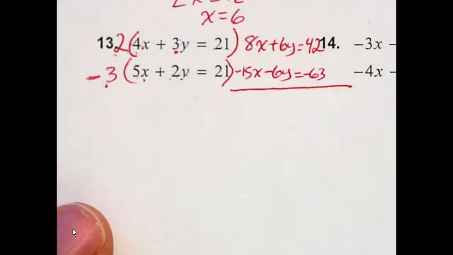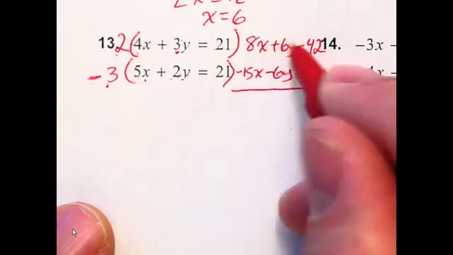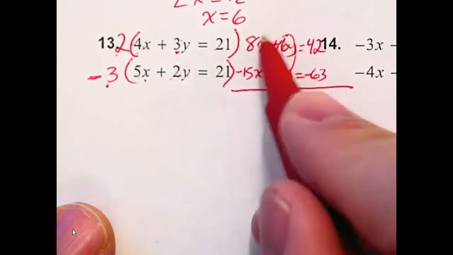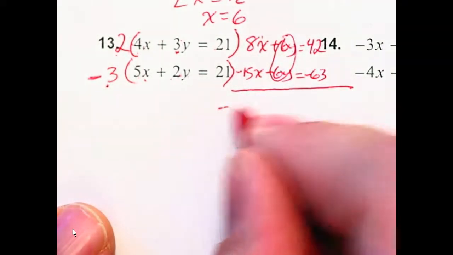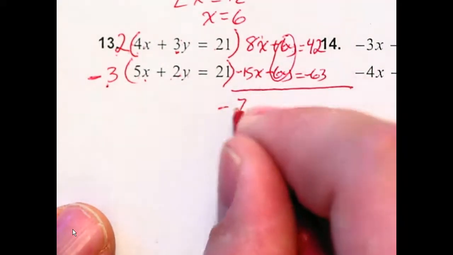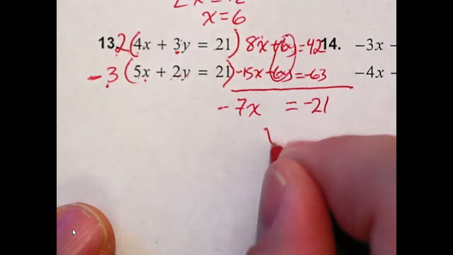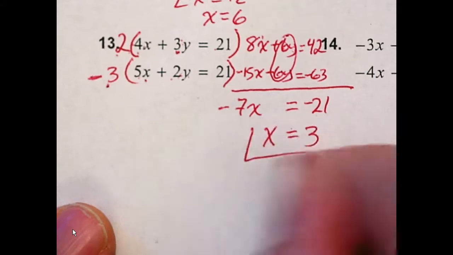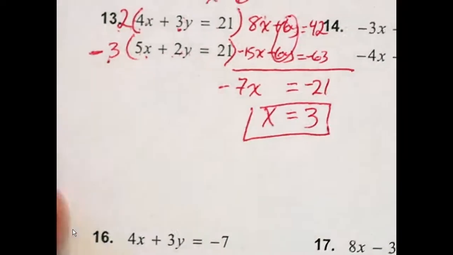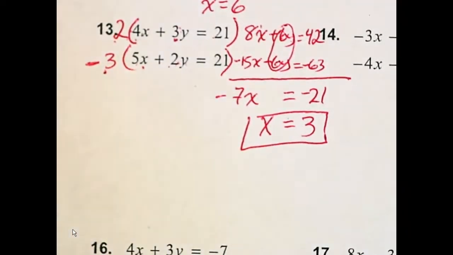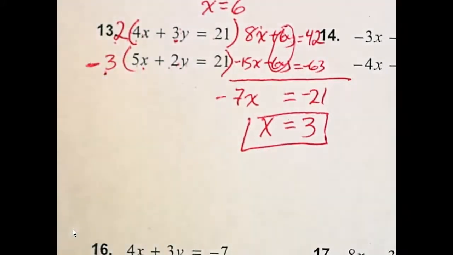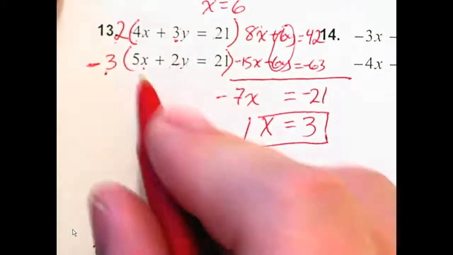And now we can combine them. Here is where they cancel. This is my negative 7x. And this is negative 21. So x is 3. Okay, plug that back in. I'm going to use the bottom equation here.